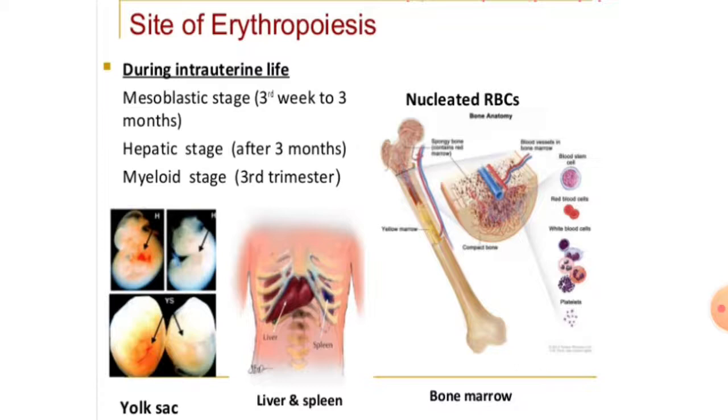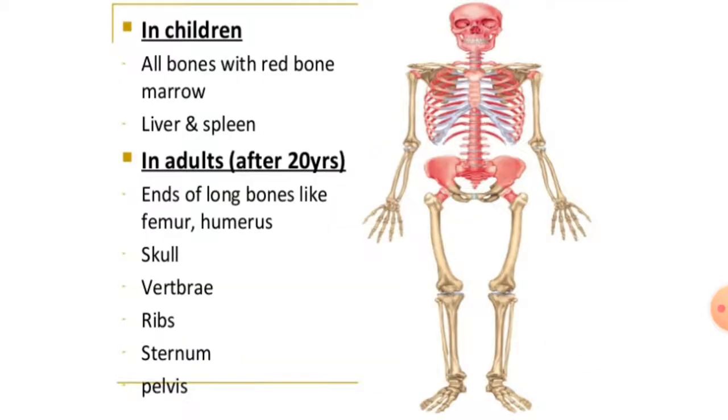But after the age of 20 years, the formation of the red blood cells occurs in the membranous bones, including the skull, sternum, vertebrae, ribs, and the pelvic bones.